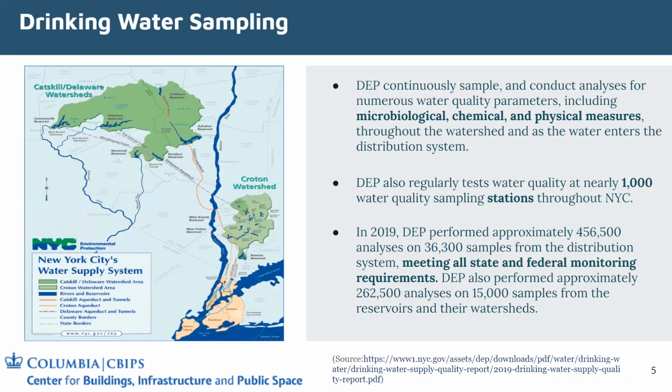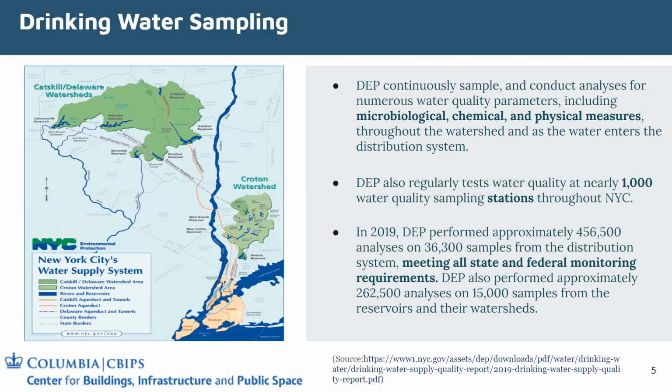So before this semester, we had our conversation with the DEP. We went to the office, and we are really happy that we got to know more about the water distribution system and supply system in New York City. And here is what we found, the process of the water sampling. So the DEP continuously samples and conducts analysis for numerous water quality parameters, such as microbiological, chemical, and physical measures throughout the watershed as the water enters the distribution system.